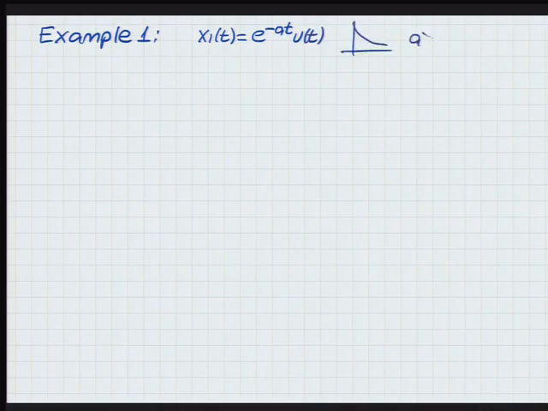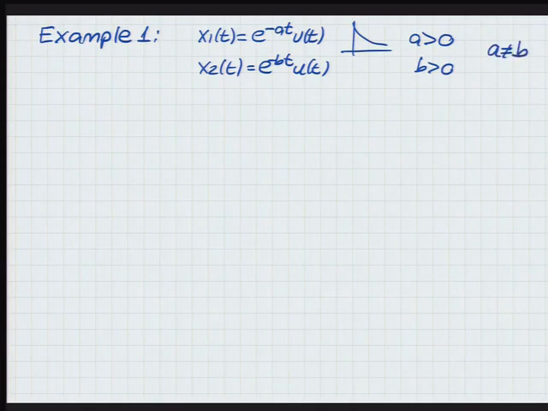And a is positive, so that it decays. And x2 of t is e to the negative b t u of t. Again, b is positive, so that's also a decaying function. And I'm going to add a condition that a and b are different. Okay, and you'll see in a few minutes why that makes our life easier in working this example out.